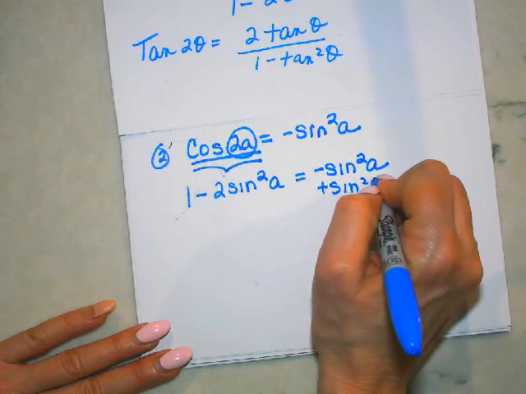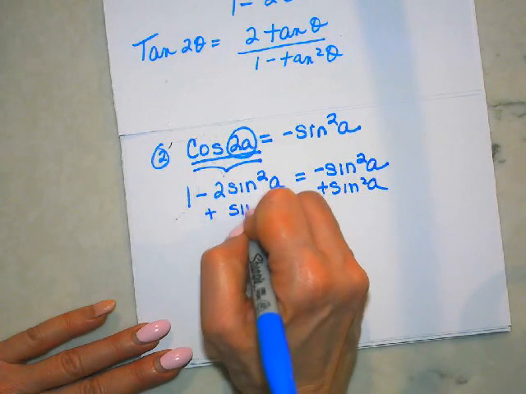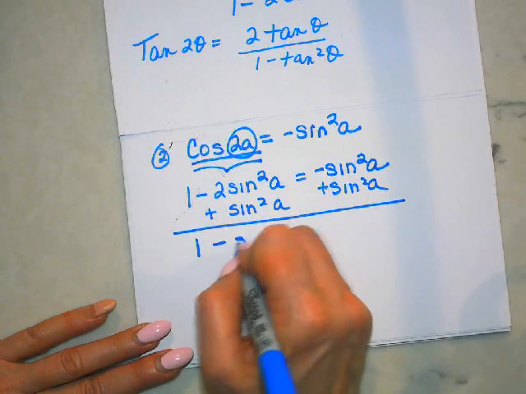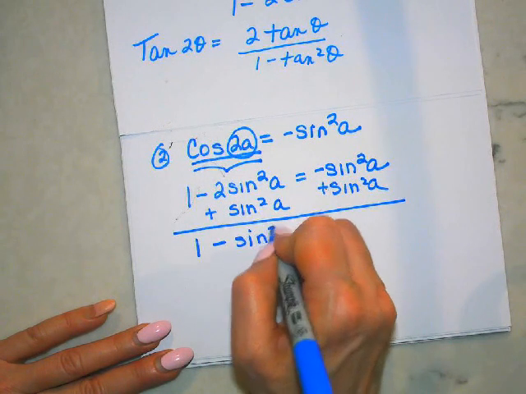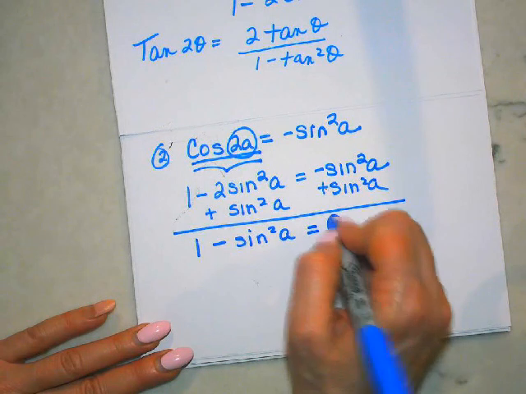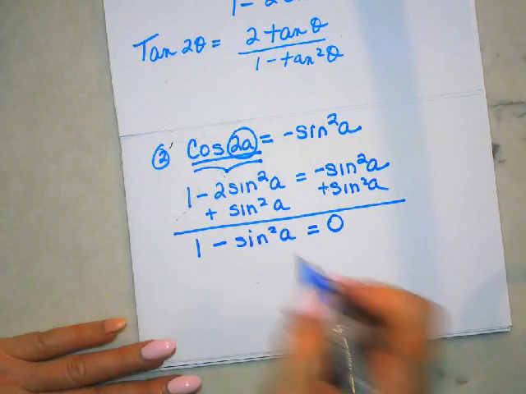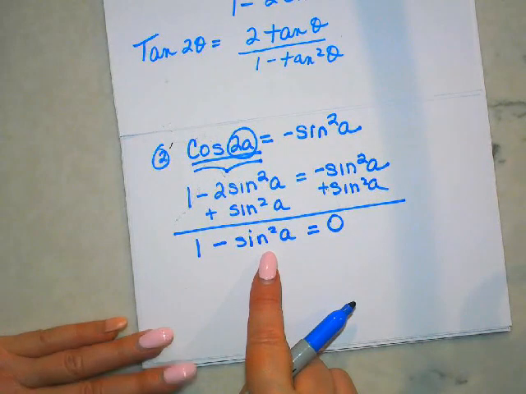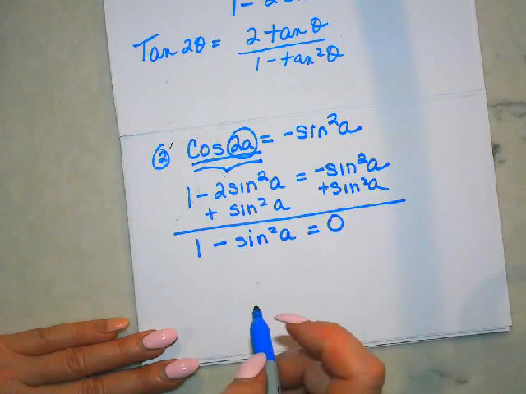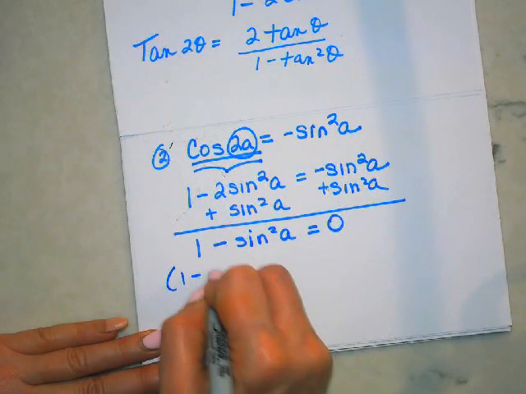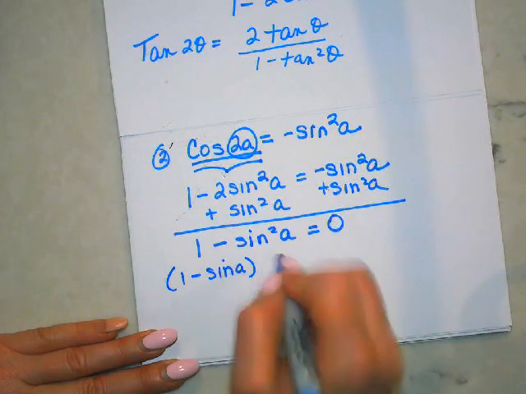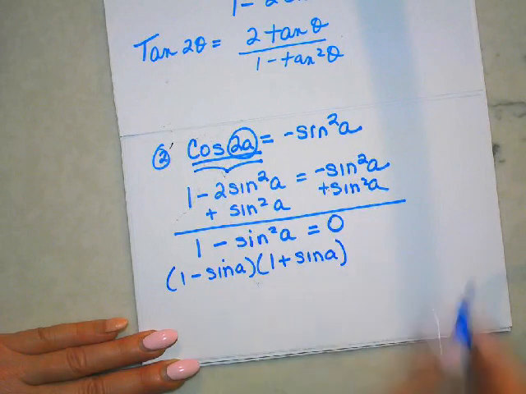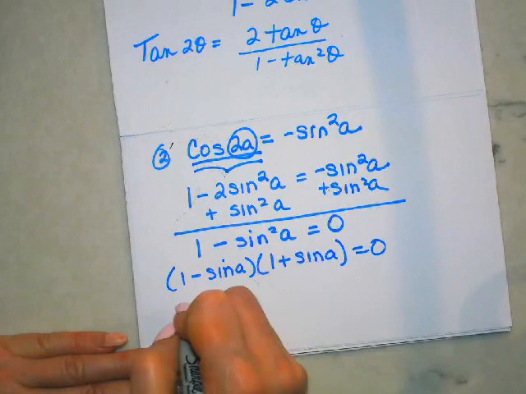I'll add sine squared a to both sides: 1 minus sine squared a equals nothing. I'll bring the 1 to the other side. Technically I could factor this if you wanted. This is basically the difference of squares. I can separate this into 1 minus sine a times 1 plus sine a equals 0.